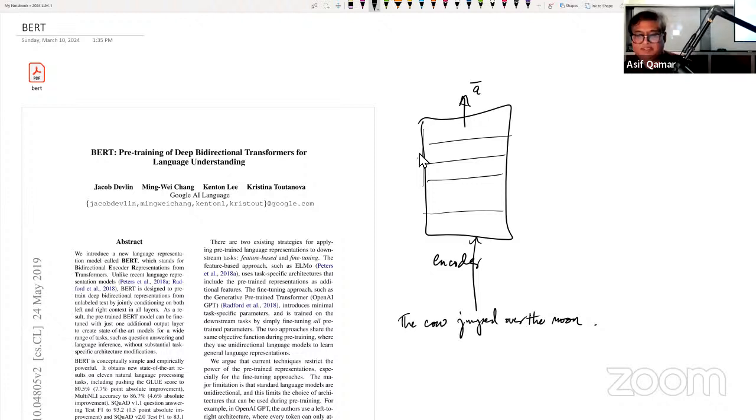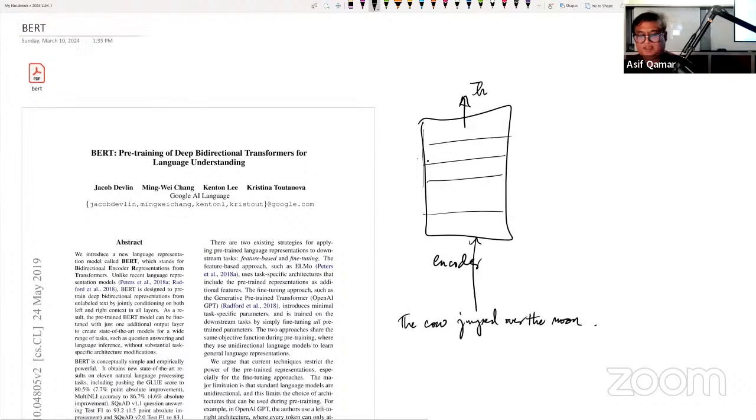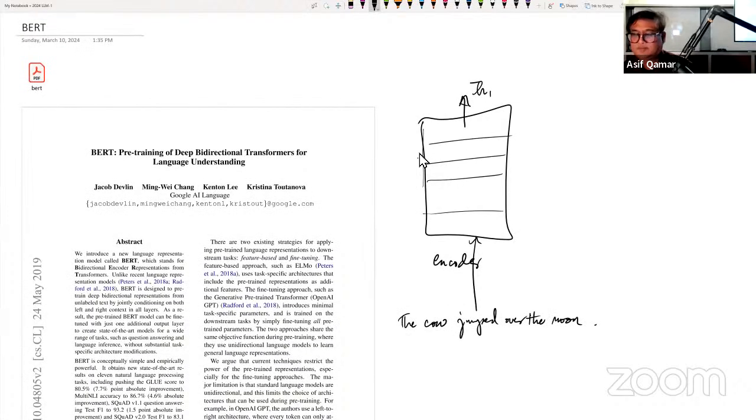Let me generalize it, because if those attentions went through some feed-forward layers, some hidden state came out for each of the words here, H1 through H for the last word, moon.